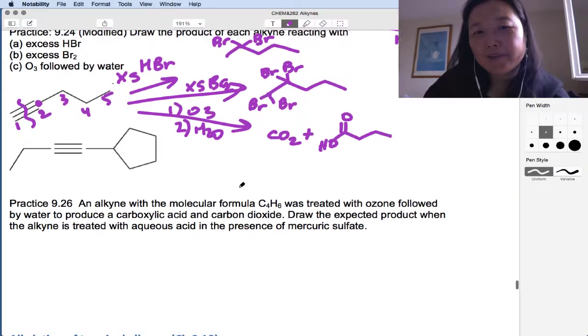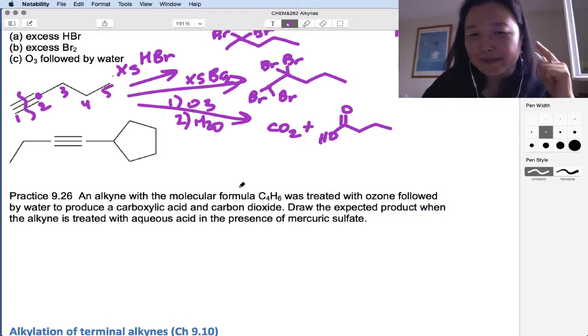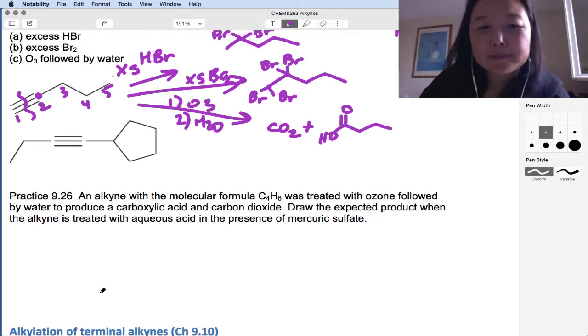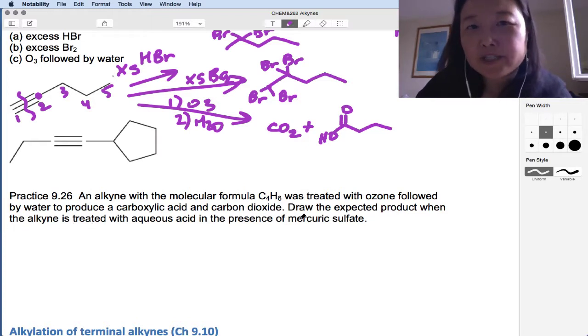So you may already know in your mind what that could be. Otherwise, go ahead and draw out a couple of different possibilities and see which ones would lead to CO2. Then after you figure out which ones it could be, draw the expected product after treatment with H2SO4, HgSO4.